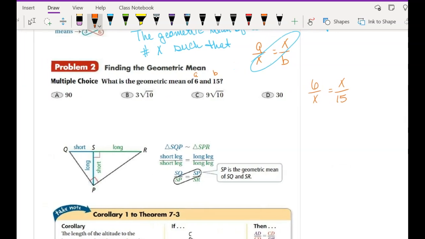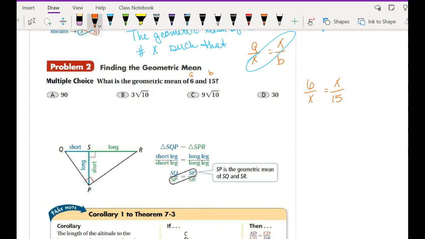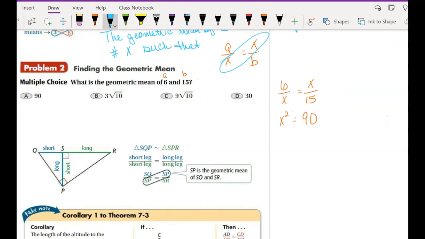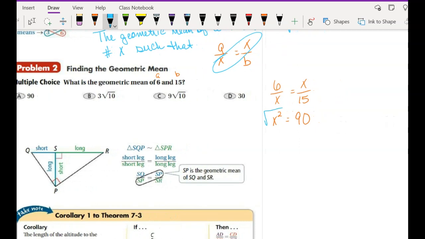I'm going to cross multiply, so I get x squared is equal to 90. How do I solve for a variable that's squared? I'm going to take the square root of it, right? You've got to do the opposite if you want to undo. So the square root of x squared, the square root of 90. Now I get x is equal to the square root of 90.